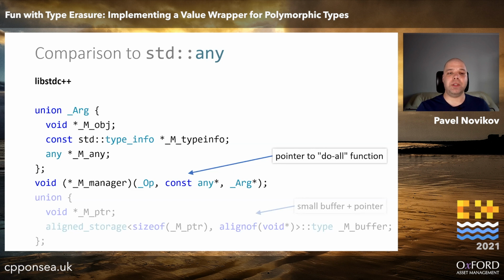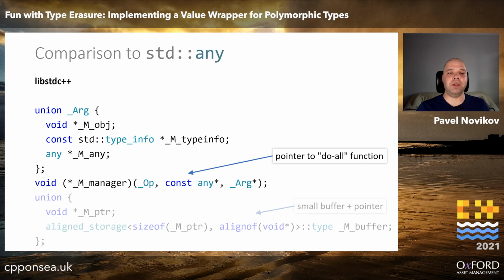When they call it, they supply a constant for the operation. It can be copy, or getting a pointer to the object itself, or getting a pointer to type info, or whatever. And with the third argument, they supply a pointer to the necessary data using this union.